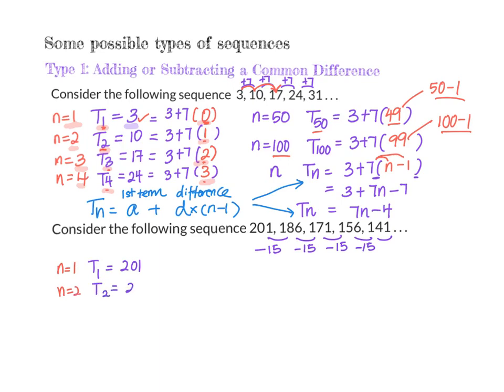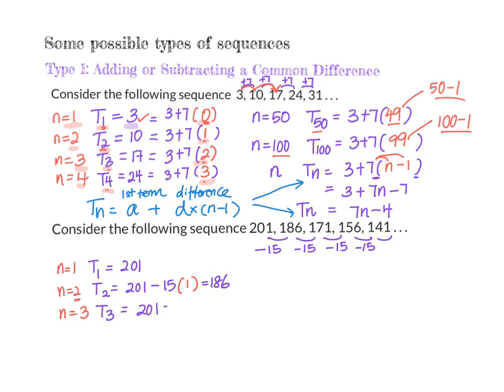I started with 201 and I subtract 15 n minus 1 times, which is from 2, you drop to 1. And that gives me the number 186.